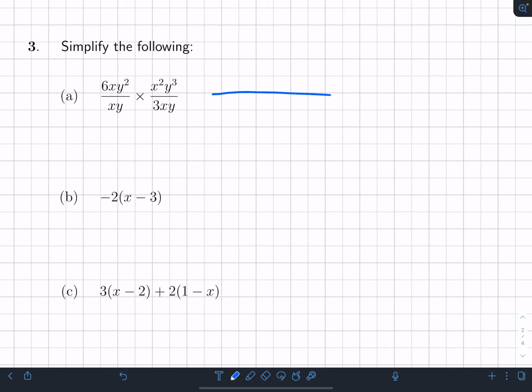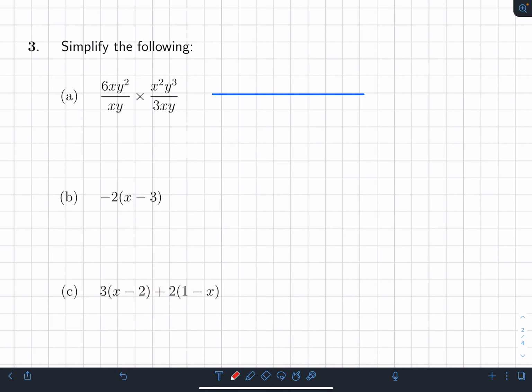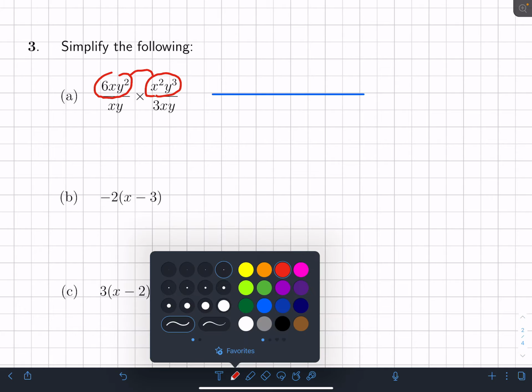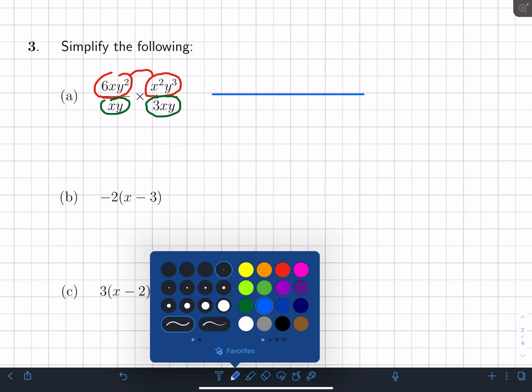So just knowledge of fractions, again, fraction times a fraction. You're actually multiplying out the numerator, and then you will multiply out the denominator. Okay, so let's do that now.